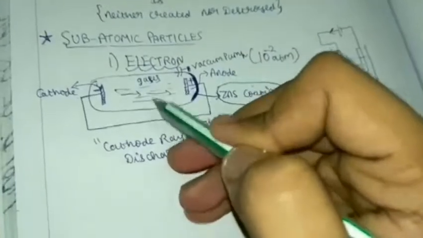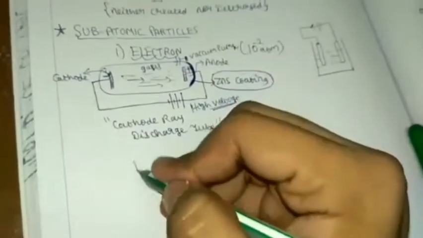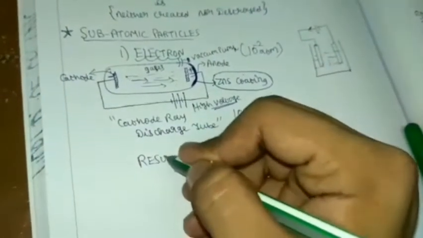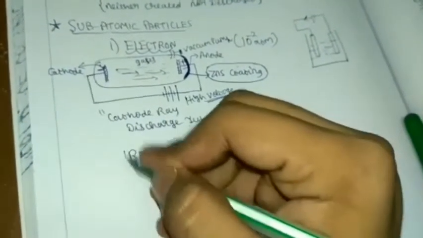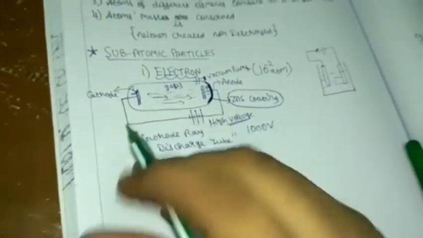So this is basically the experiment. Now the results are important. Results, in a sense, we also see the observations. So the experiment is over. Simple setup.